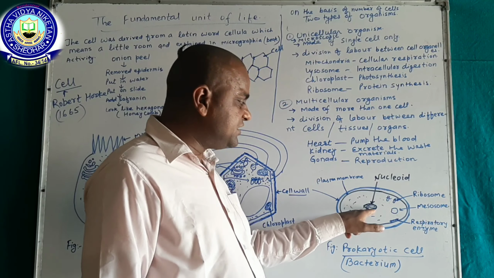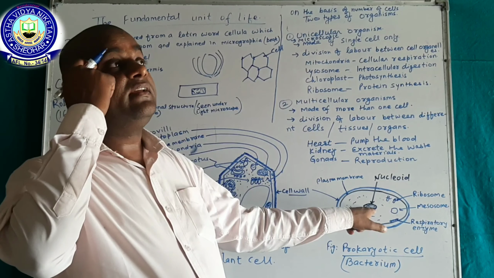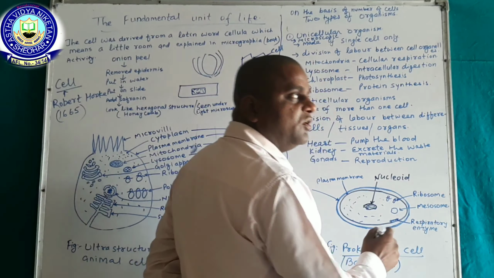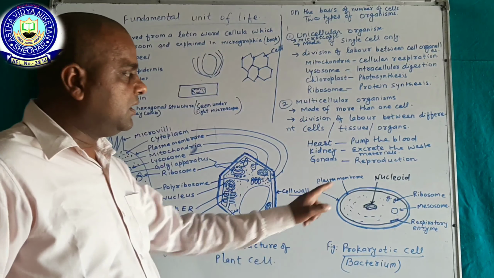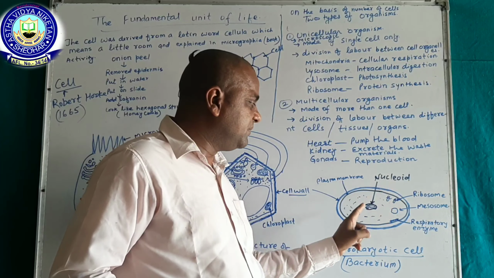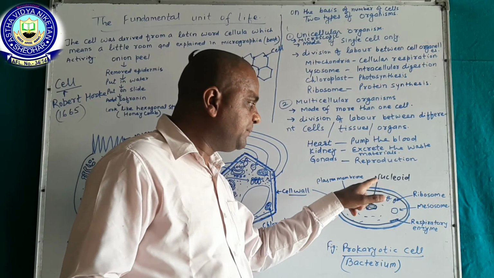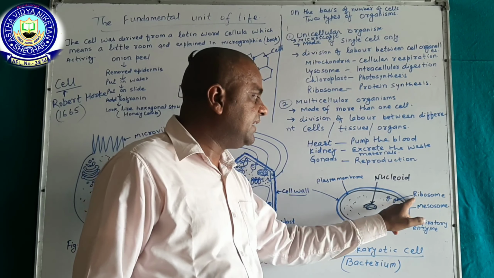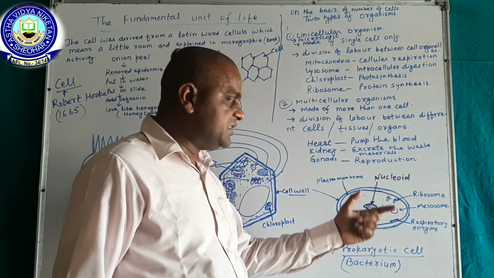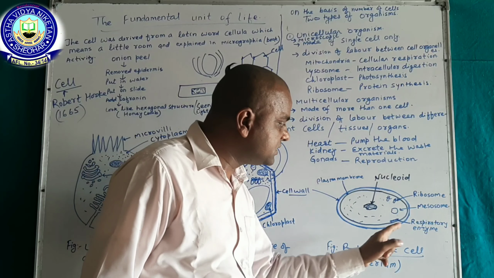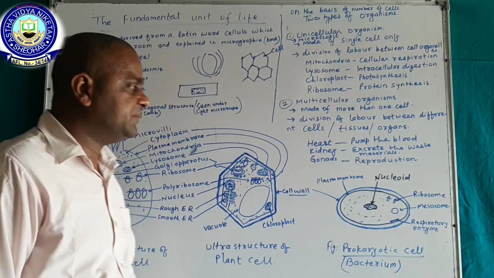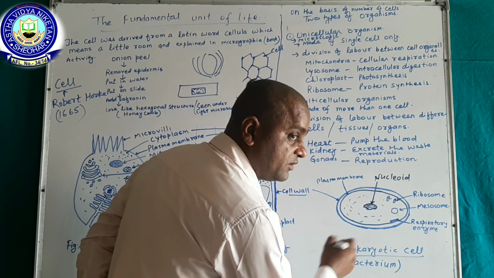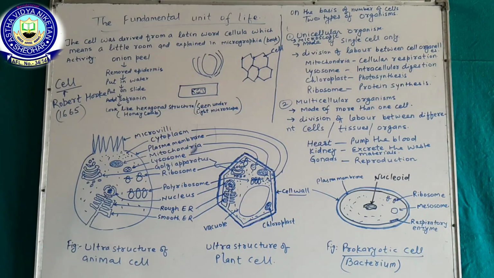Nucleoid is called a naked nucleus, meaning a nucleus with no membrane, membrane absent, you can say. There is also ribosome that helps in protein synthesis, mesosomes, respiratory enzymes. All are features of the prokaryotic cell.